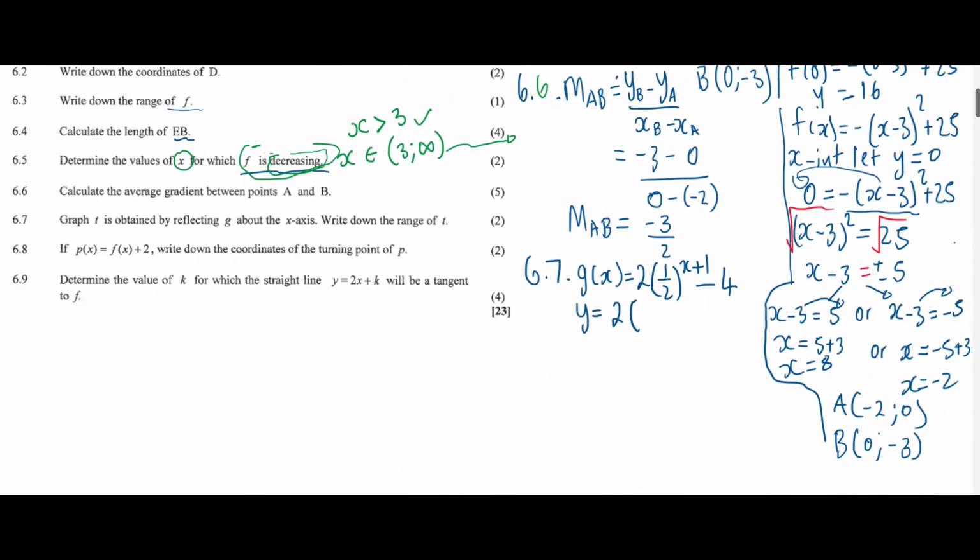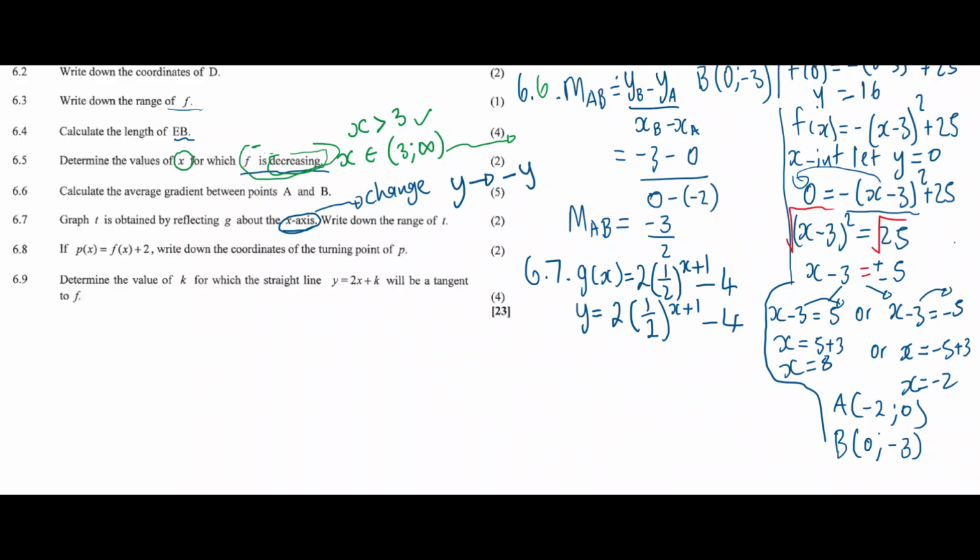Now let's move on. So the y value here, it's 2. So we'll change the g of x and write in the y form, and write y in the position of that, right? So that's the first thing we do. And please take note that if you're reflecting something about the x-axis, you will change the y value to a negative y.